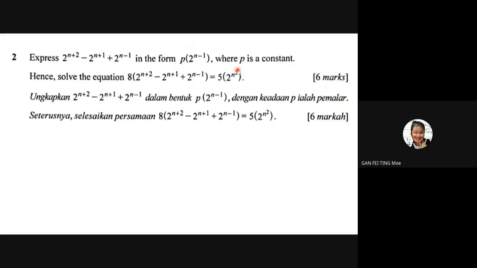Hold on, I got a problem with this. Okay, so in order to solve this, you need to use the law of indices.